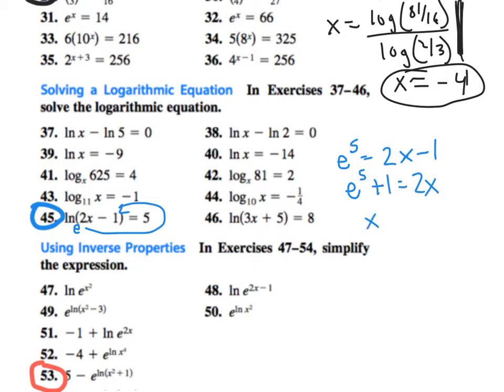I'm going to divide by 2, and I would have this as an exact answer. And as an approximate answer on the calculator, I would get about 74.707.